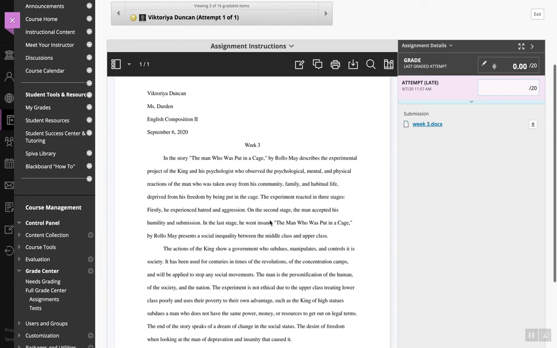So is it the idea that these are the similar stages that people who experience social inequality go through? I think that would be a way to fill in that gap, right? So I like what you're doing, but you need a little bit more writing right here to try to bridge the gap between your summary to the place where you want to take it in the claim.